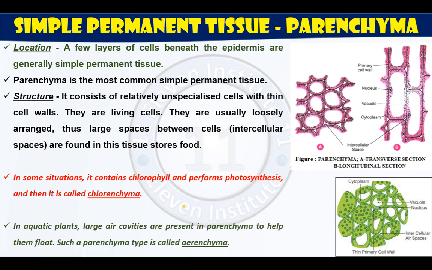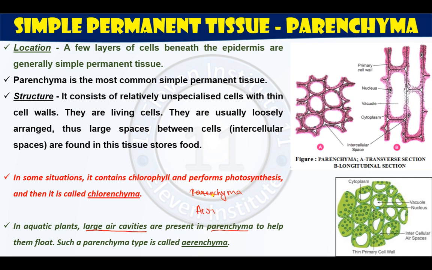Moving ahead. In aquatic plants, large air cavities are present in parenchyma. To help them float, such a parenchyma type is called aerenchyma. Right? So again, we are having parenchyma, and this parenchyma has air filled inside it.